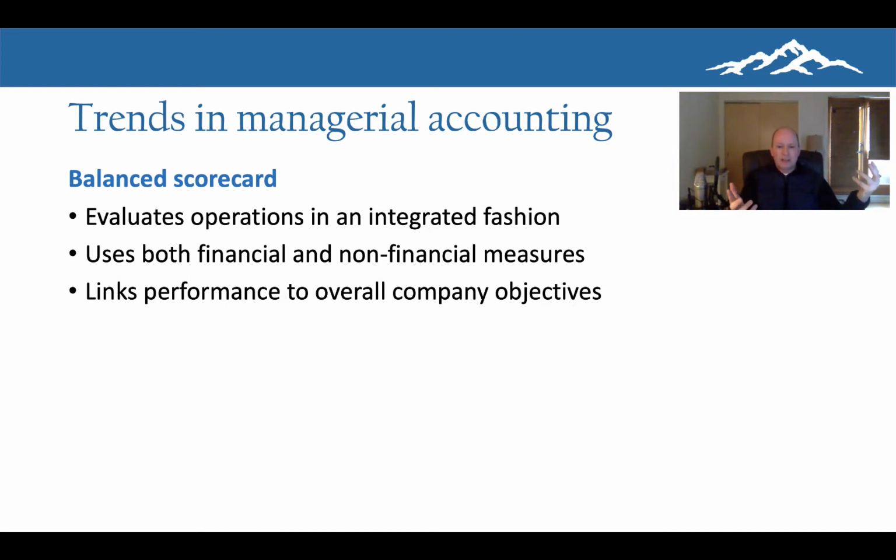A balanced scorecard tries to take a look at all the different corners of your organization and link that data together to help understand operations, help understand performance, and then understand how that picture, the picture that's on your balanced scorecard, relates to the objectives of your company. So we'll talk more about balanced scorecards at the end of the semester.